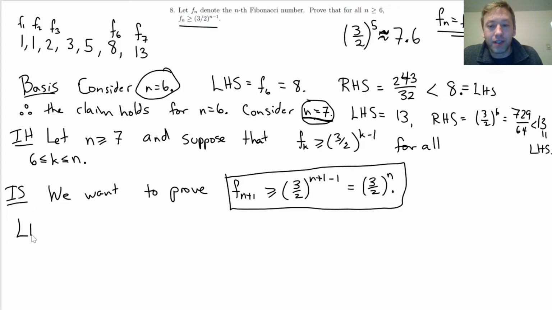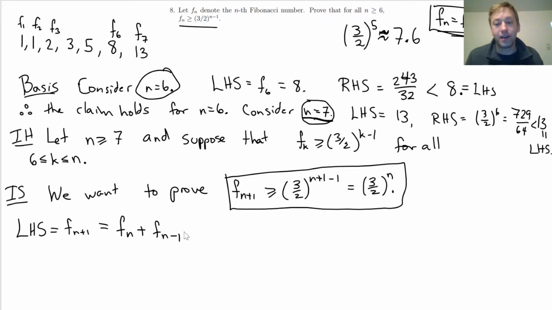To do this, we're going to just start by looking at the left-hand side, which is f of n plus 1. So by the definition of the Fibonacci numbers, f of n plus 1 is f of n plus f of n minus 1, right? Because every Fibonacci number is just the sum of the two previous Fibonacci numbers.